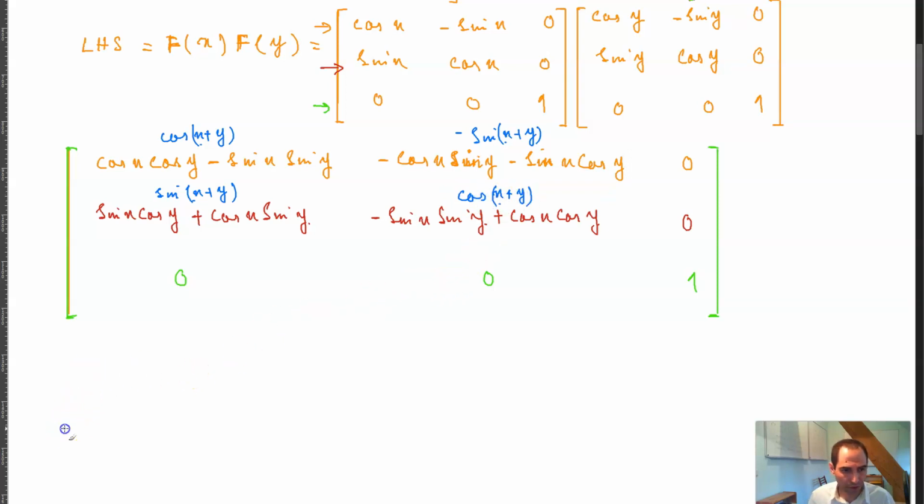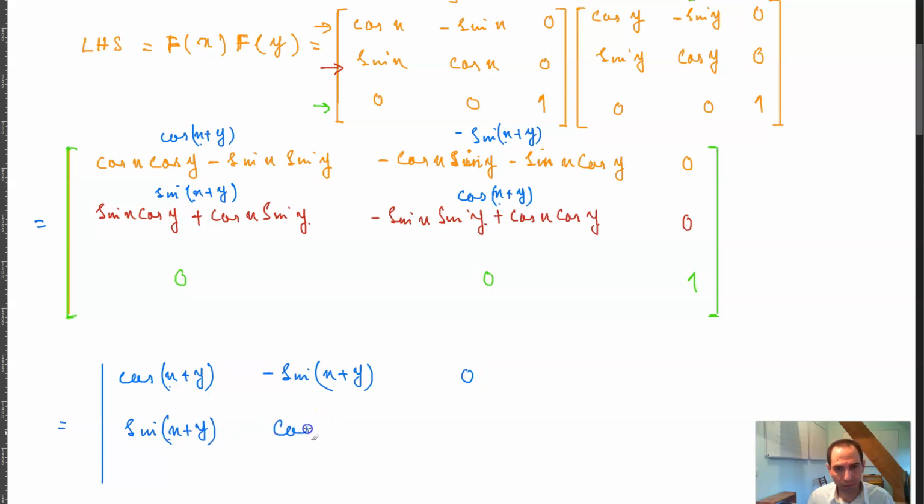So then I can write this matrix as cos of x plus y, negative sine of x plus y, 0, then sine of x plus y, cos of x plus y, 0, and then 0, 0, and 1.